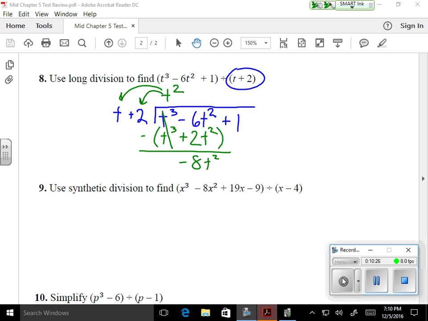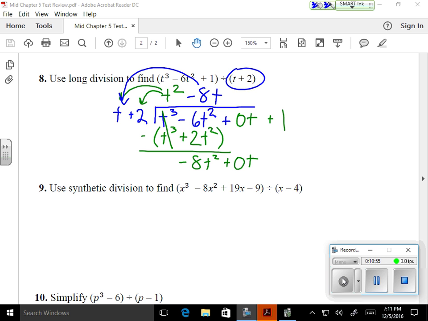Bring down the 1. I forgot to include the 0t plus 1, so we bring down a 0t. I can't skip a degree. Then we will need to multiply this t by a negative 8t.